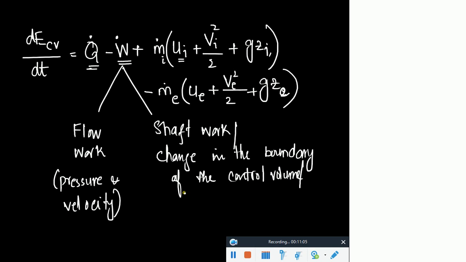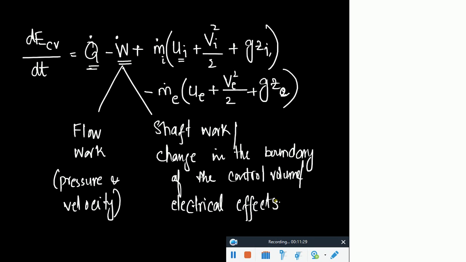Or you can say from the conversion of one energy form to the other form. It can also include that work. Electrical effects or magnetic effects or whatever it is. Okay.